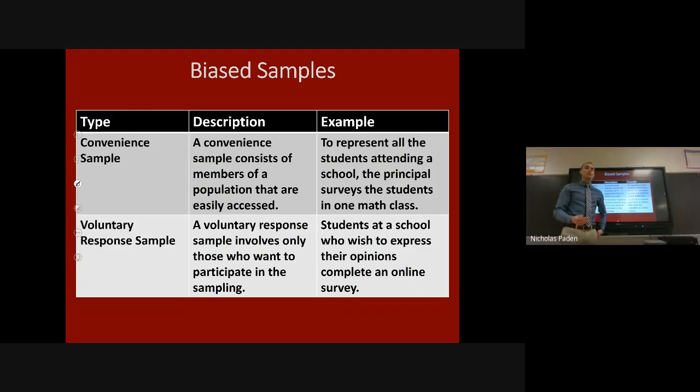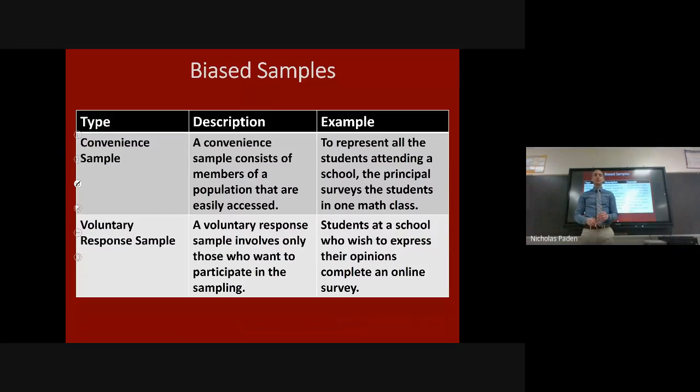The second example of a biased sample is a voluntary response sample. That's where the only people that participate are ones who volunteer. This happens a lot. A lot of the samples that you see on the news or something, usually those are voluntary response. And so there is always bias in those type of samples.